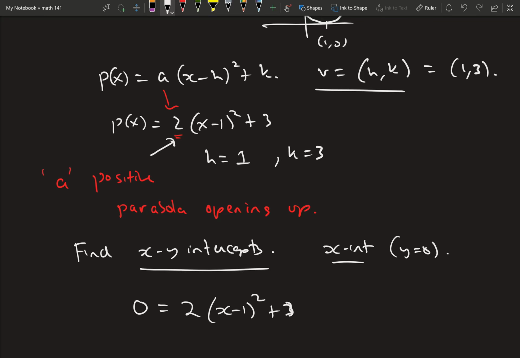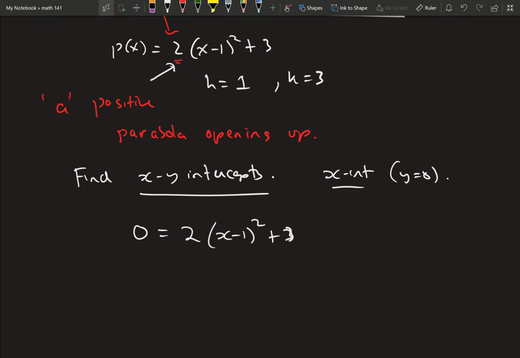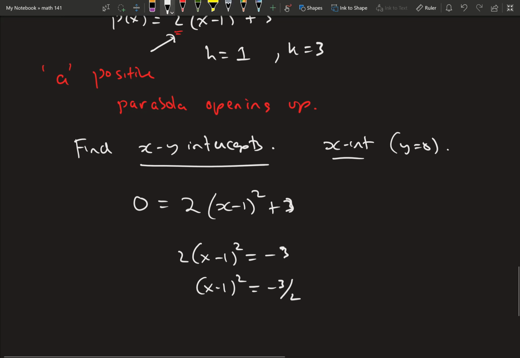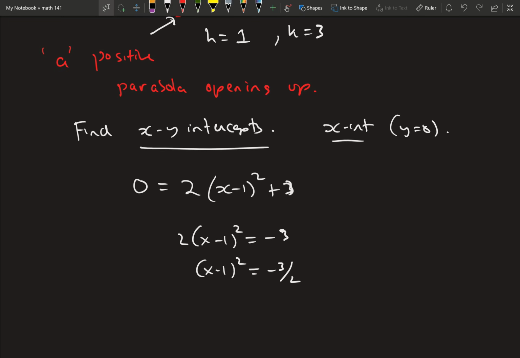So 2 times x minus 1 squared is negative 3. X minus 1 squared then is negative 3 halves. And now algebraically, that would mean that x minus 1 is plus or minus the square root of negative 3/2.